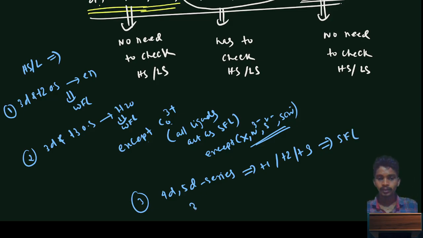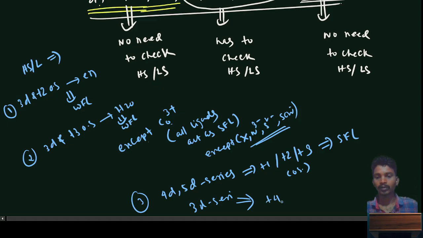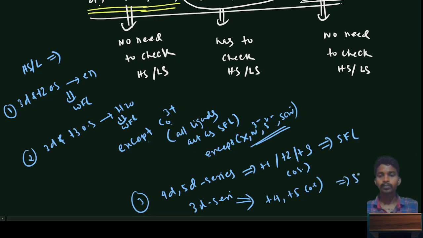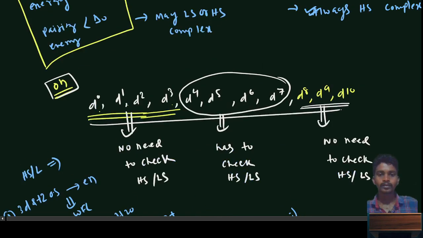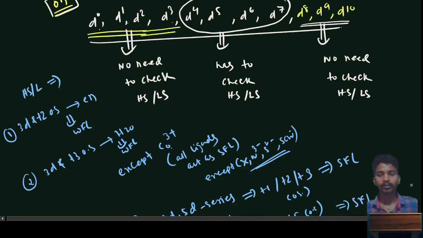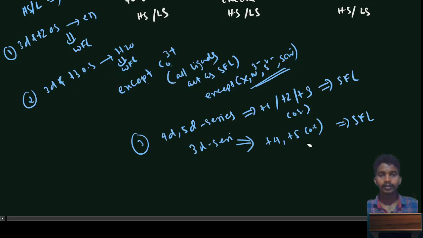And if it is the 3d series with +4 or +5 oxidation states, then also all are strong field ligands. So I have already discussed how to check high spin and low spin complexes. Now I'm talking about the CFSE.